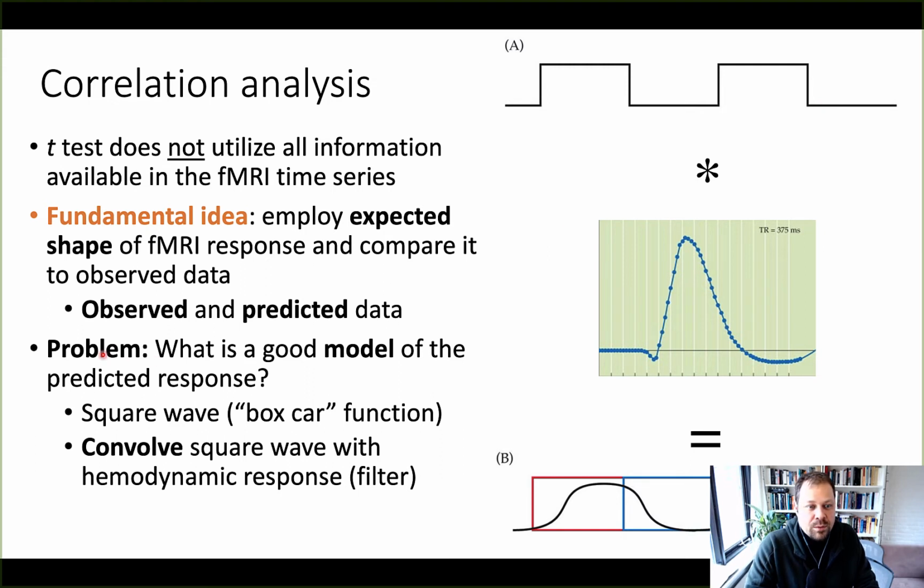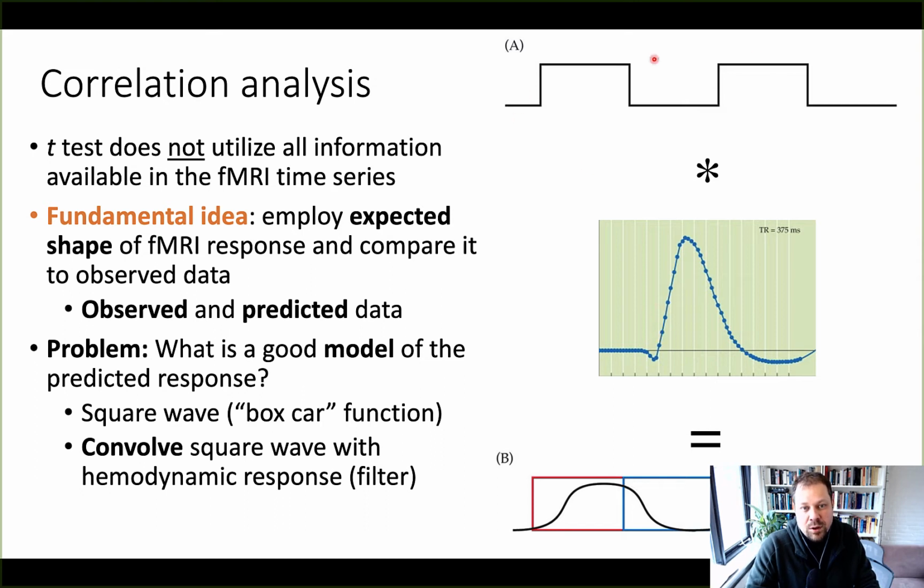Now, a problem may be: what is a good model of a predicted response? Is it enough to have the square wave box? Well, obviously, we have more information about the hemodynamic response based on this canonical hemodynamic response function that's shown here. And this information can be utilized.